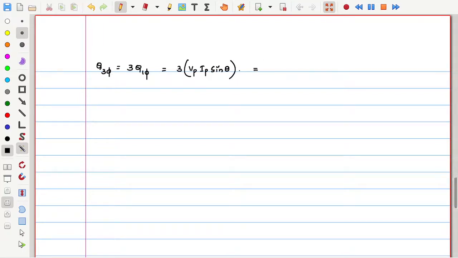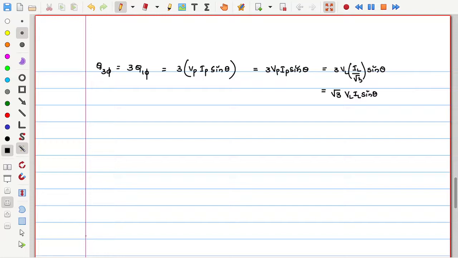Further, this is 3 times Vp Ip sin theta, which can be written as 3 times, with Vp equal to VL for delta connection and Ip equal to IL by root 3 for delta connection, into sin theta. So for a delta connection, you can write the 3 phase reactive power as root 3 times VL IL sin theta, or simply 3 times VP IP sin theta.